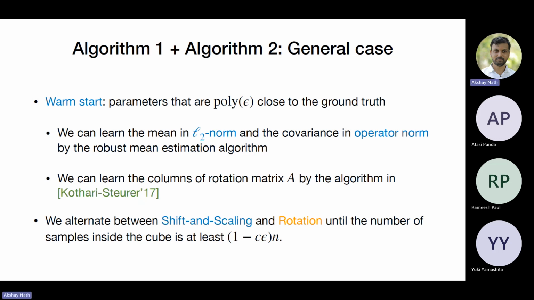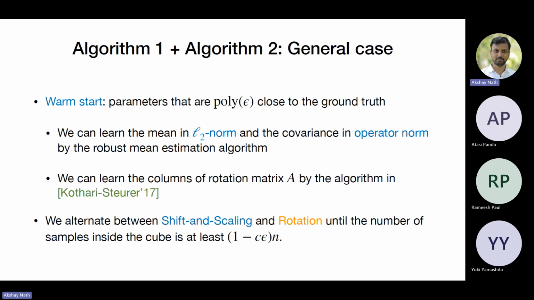The good thing is both of these 2 algorithms create some error, so they have some error guarantee. When we do shift and scaling, we know we have some error from the rotation because we don't have the exact facet normals. We can only use the estimated ones from our rotation algorithm.